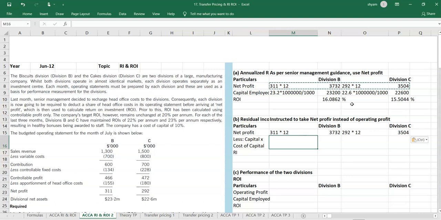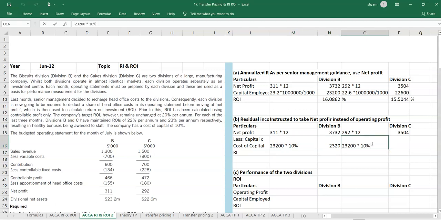So the capital we have to work out. So 23,200 into, what is the cost of capital? The cost of capital is 10%. Okay. Again for B, it's going to be 22,600.